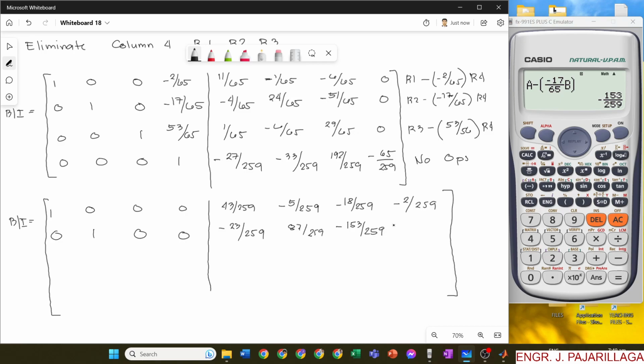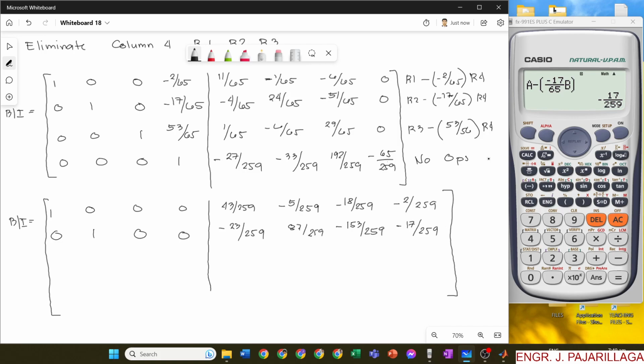Okay? So, sa susunod na element, we have here 0 minus negative 65 over 259. You have negative 17 over 259.